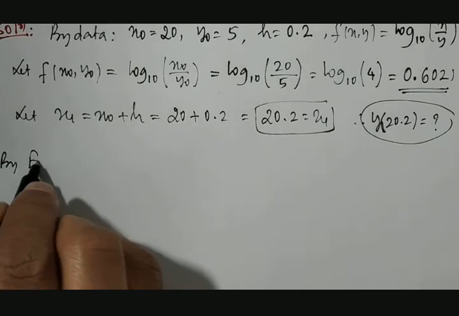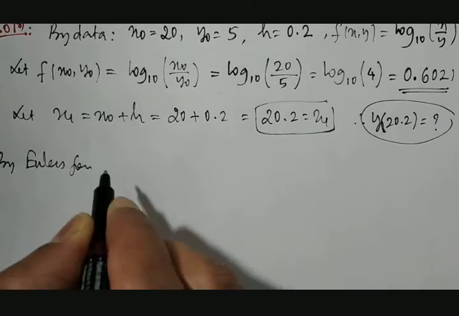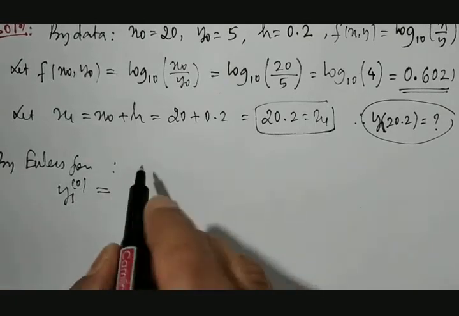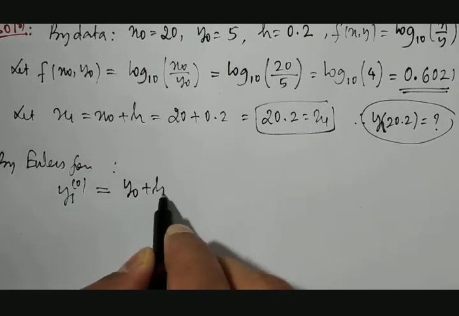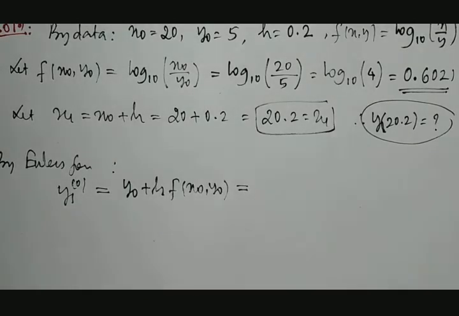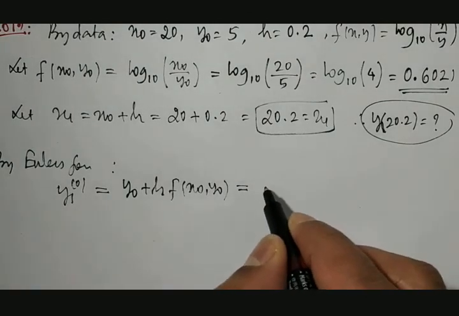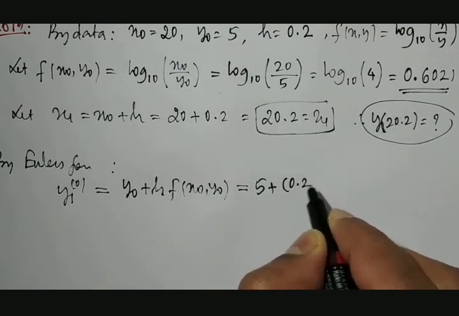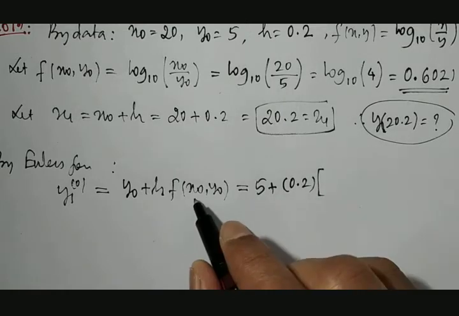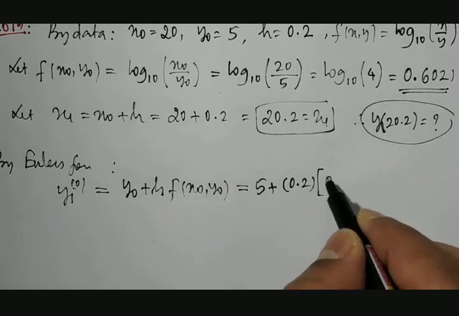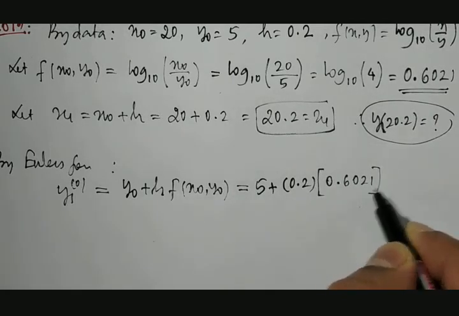By Euler's formula, the initial value of y1 is equal to y naught plus h into f of x naught comma y naught, which is 5 plus 0.2 into the functional value f of x naught comma y naught, which is nothing but 0.6021.